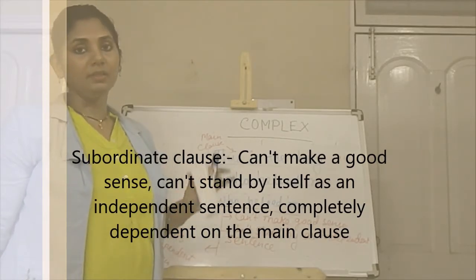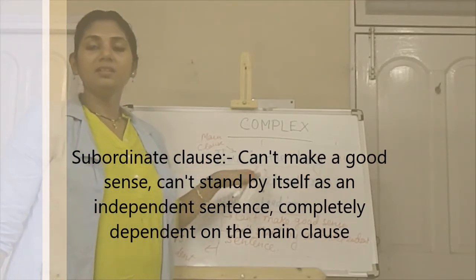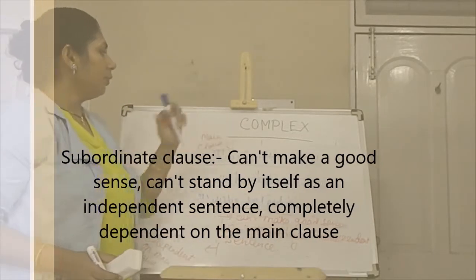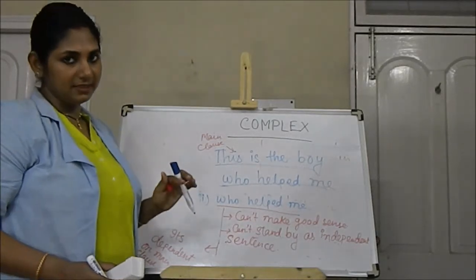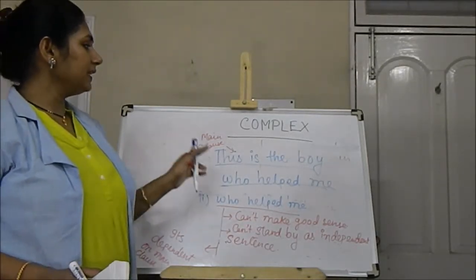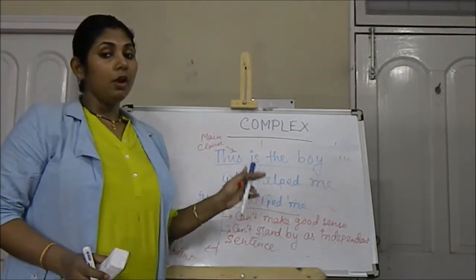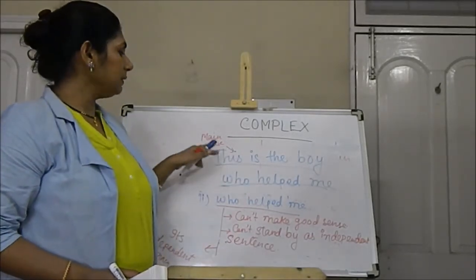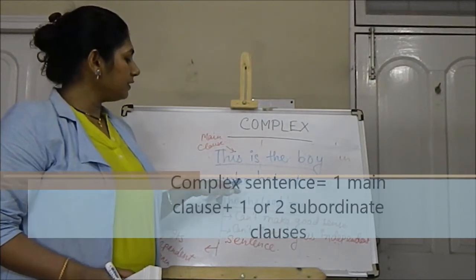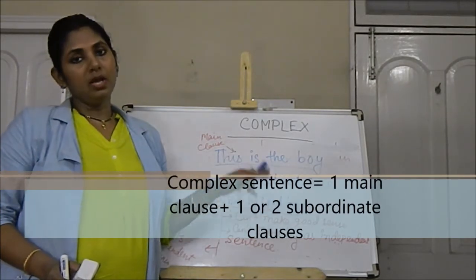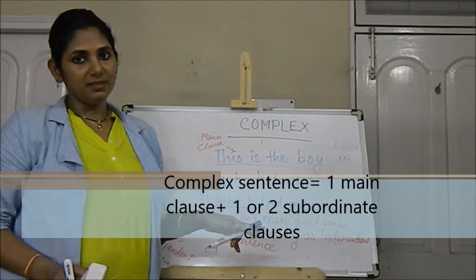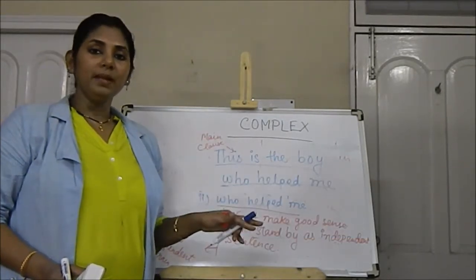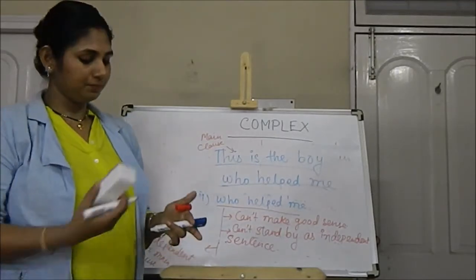That's why we will call this part a subordinate clause. Now, what is complex sentence? A complex sentence is a sentence which is made up of one main clause and one or two subordinate clauses. That particular sentence is called complex sentence.